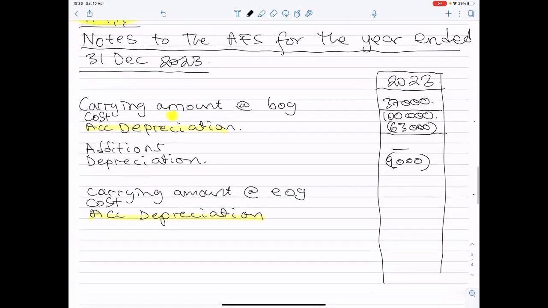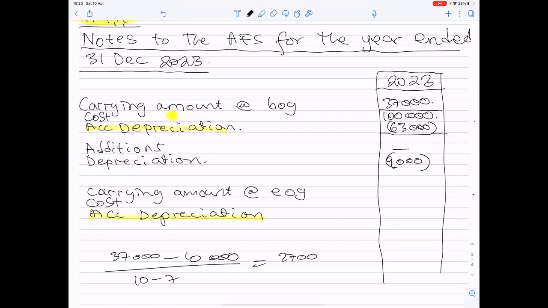So our depreciation is the carrying amount at the beginning of the year of 37,000 minus the residual value, divided by the remaining useful life also at the beginning of the year, which is 10 minus 7, so 27,000 divided by 3. It's 9,000. Are we together?